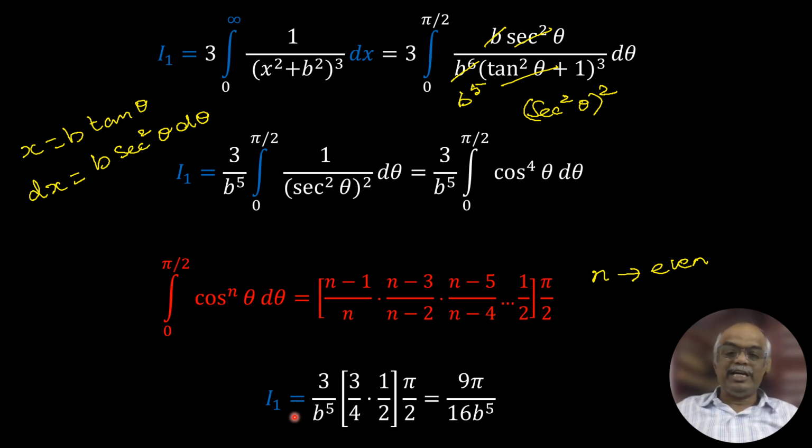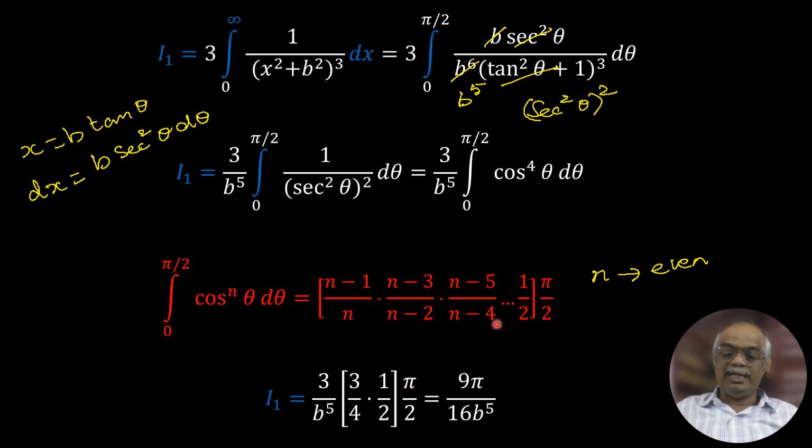So naturally I1 will be, you take the multiplication factor outside this integral, 3 divided by p power 5, then n minus 1, n is 4, 4 minus 1 is 3, so 3 by 4. And what about the second term, n minus 3: this is 1, and n minus 2 is 2.